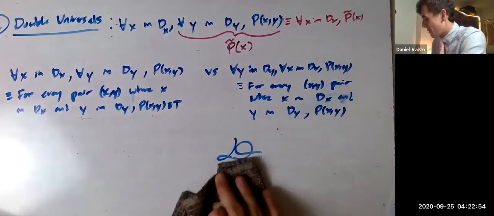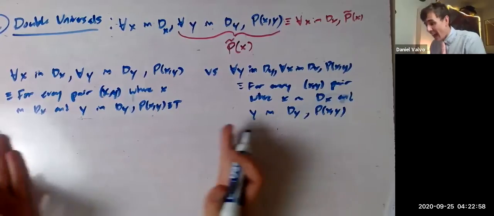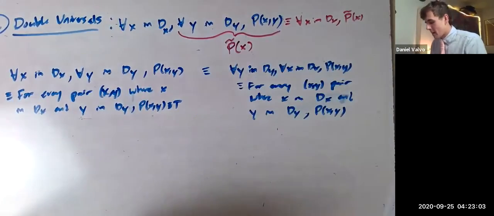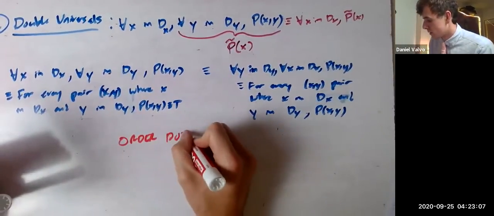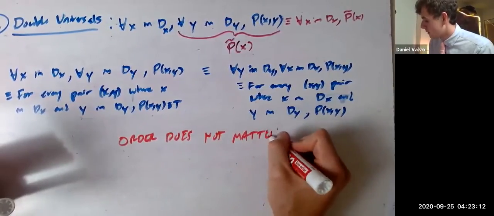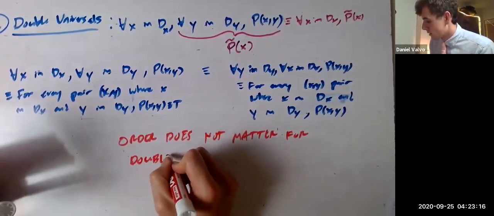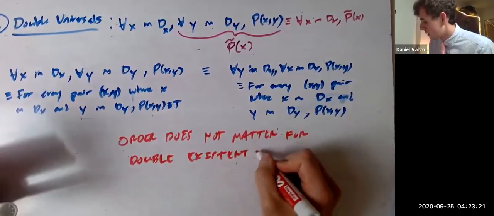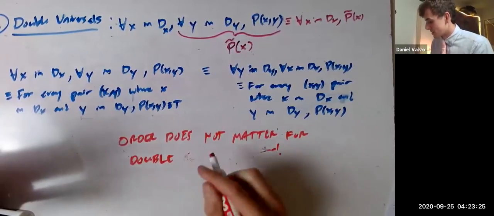The point is these two are the exact same thing, so the order does not matter for double universals, also existentials.